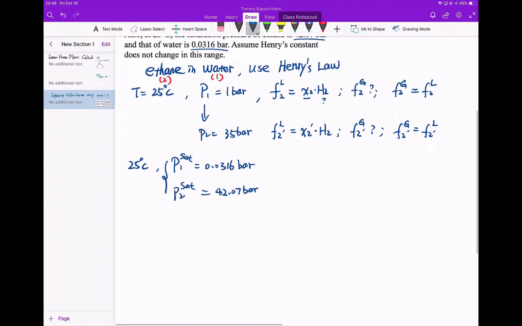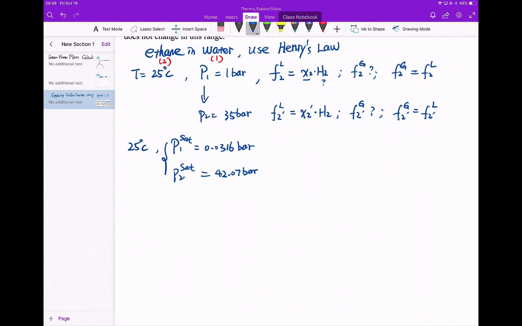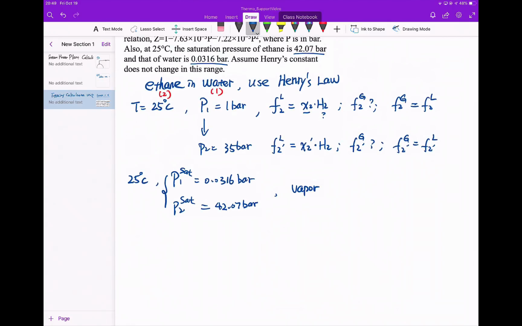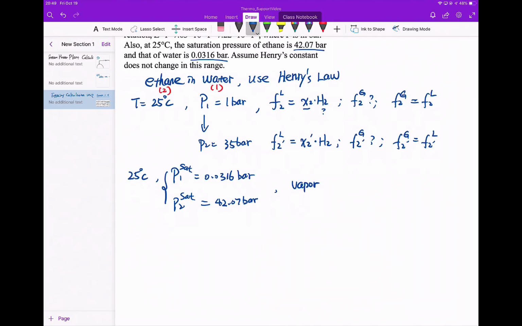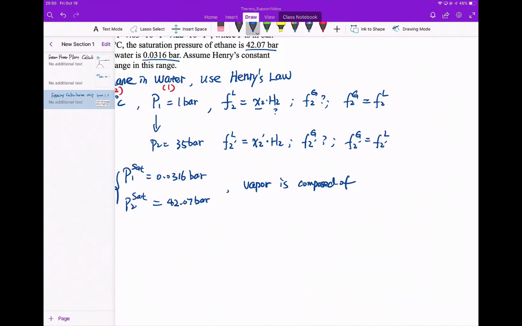So that actually implies that this vapor phase, which is normally composed of water and ethane, we can treat as composed of ethane itself.